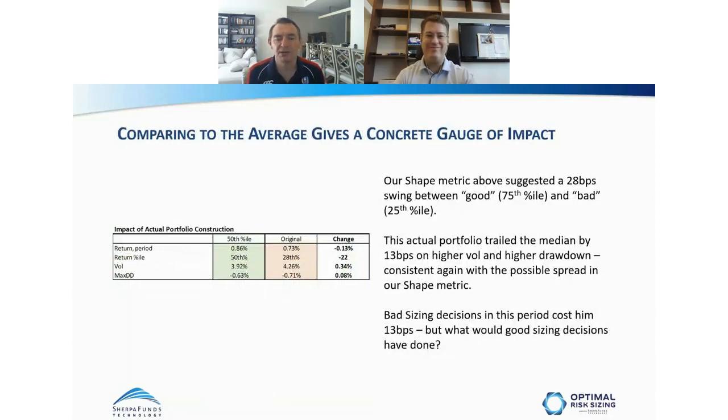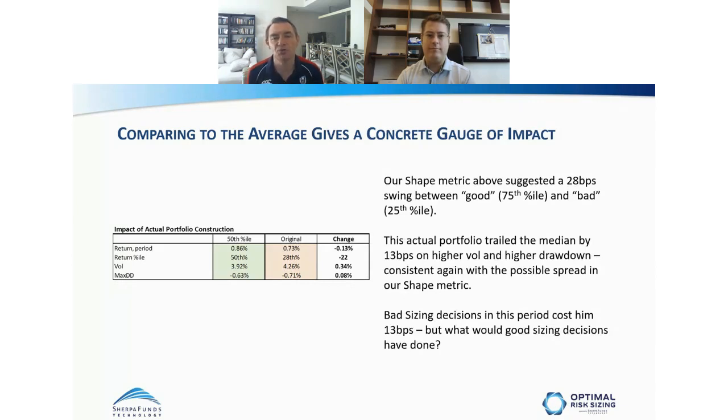Typically, and again, this is a heuristic, but it's normal that we see that a portfolio constructed without use of the kind of tools that Sherpa has gets to somewhere between the 45th and 55th percentile.